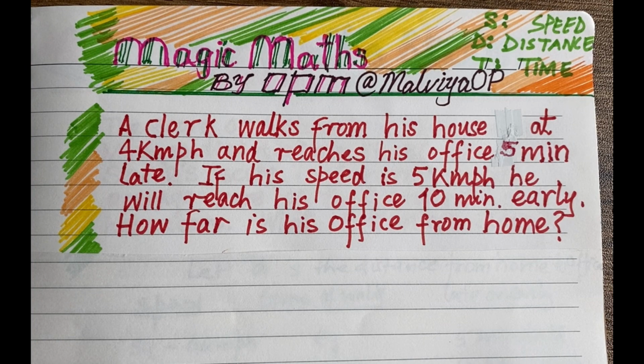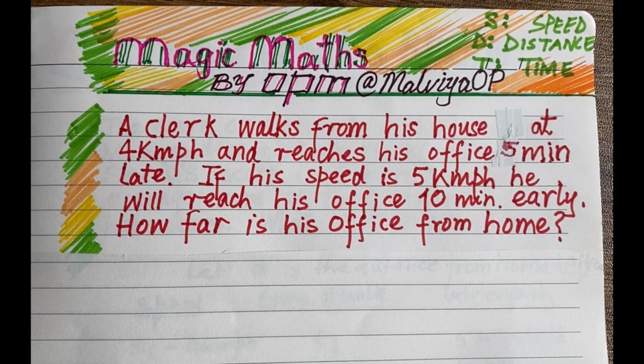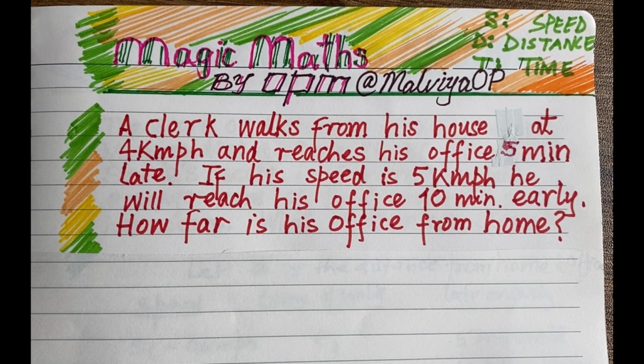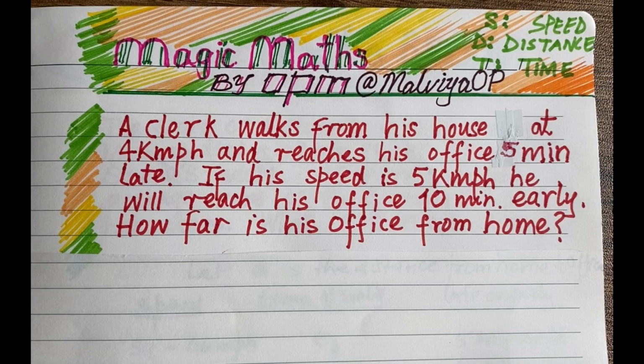How far is his office from home? So we are given two speeds. With one speed, he reaches the office late by 5 minutes, and with the other speed, he reaches the office 10 minutes earlier than the office time.